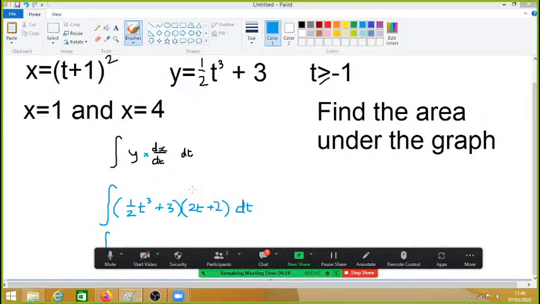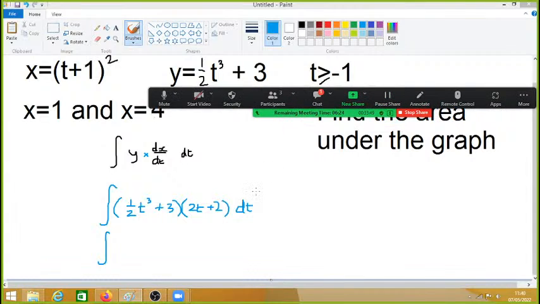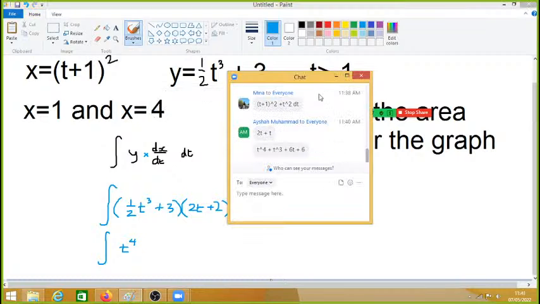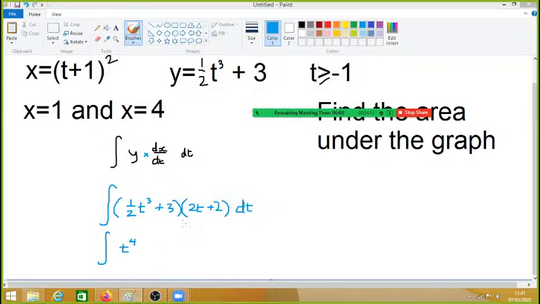Okay, hopefully your first bit, when you do the half t cubed times the 2t, you should end up with t to the power 4. Hopefully your first bit matches. Let's see whether the rest of yours is right. Give you a few more minutes if you're still doing that.